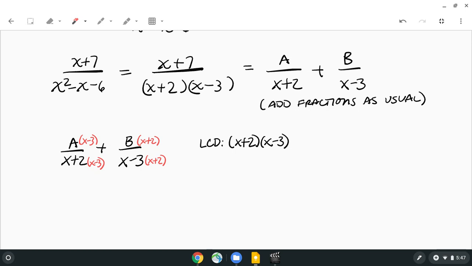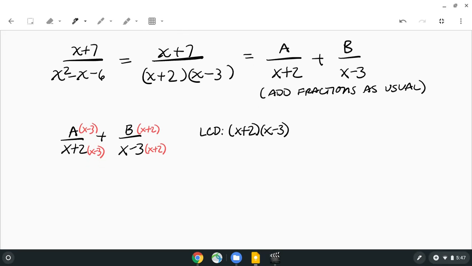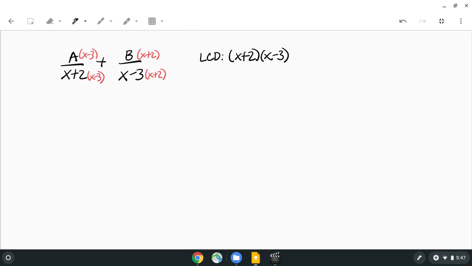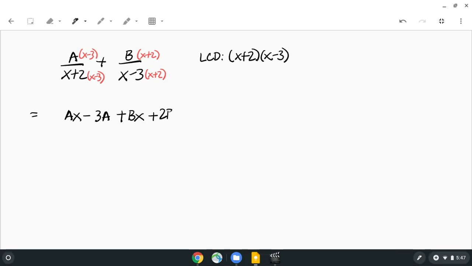All right, so let's go ahead and multiply those out. So I get ax minus 3a plus bx plus 2b, all over x plus 2, x minus 3.